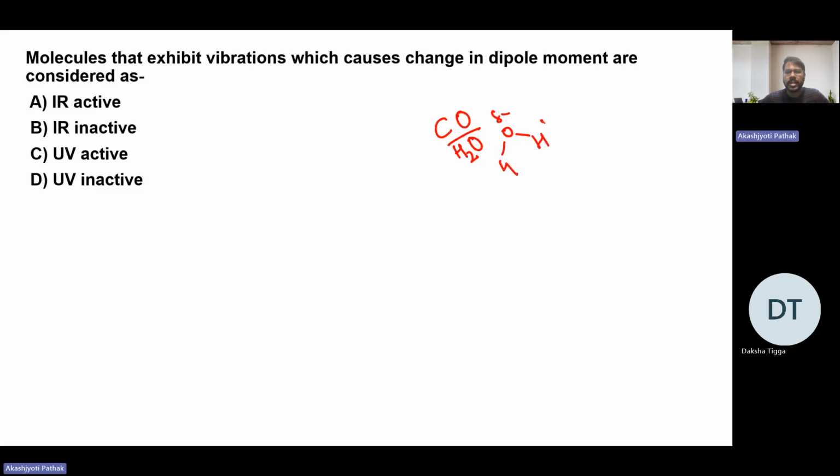Your oxygen is highly electronegative and hydrogen is electropositive. That is why there is a dipole moment. So a molecule which shows a change in dipole moment on absorbing a vibrational frequency will be IR active. Others will be IR inactive. Examples of IR inactive molecules are nitrogen, oxygen, even CO2.